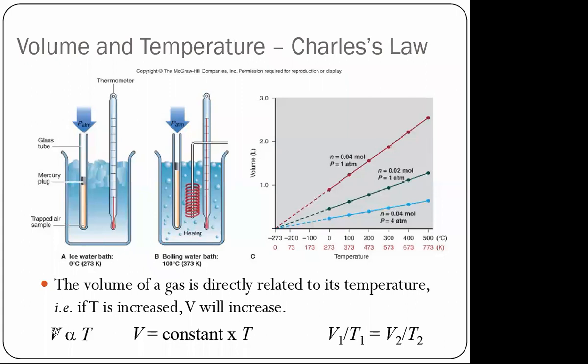In this case, V is equal to a constant times T. If you make the constant the subject of the formula, then V over T is equal to a constant. And you can mathematically express Charles' law as V1 over T1 equals V2 over T2. Don't forget, your temperature must be absolute temperature.